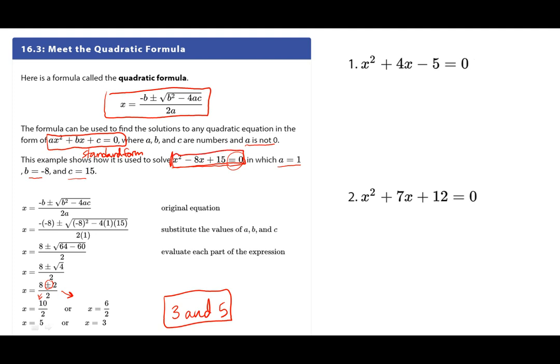So let's take a moment to set up number 1. I always like to write our quadratic formula so that I make sure I plug in everything correctly. So x equals negative b plus or minus the square root of b squared minus 4 times a times c all over 2a.